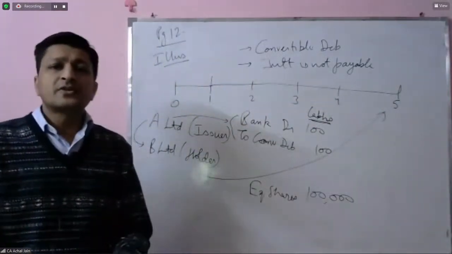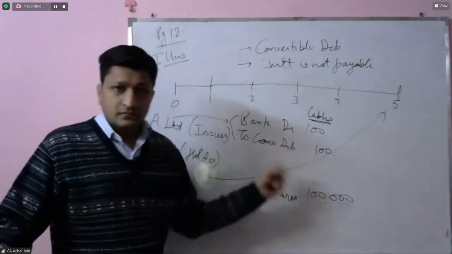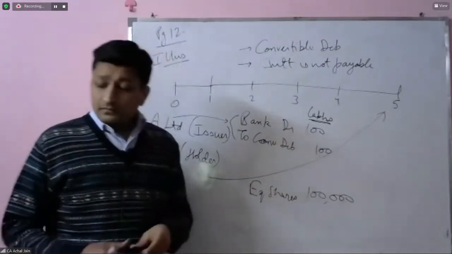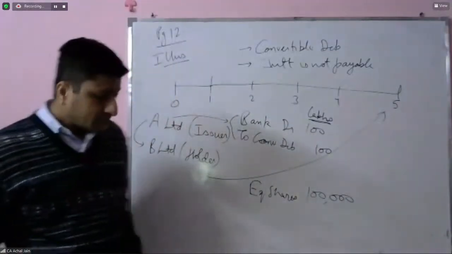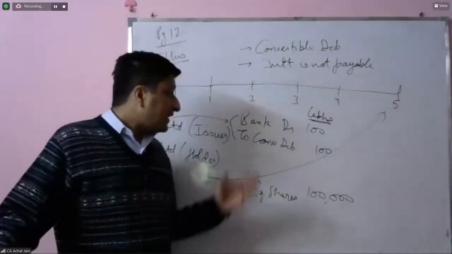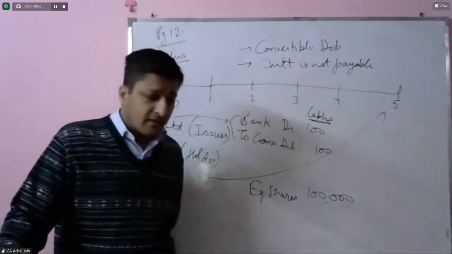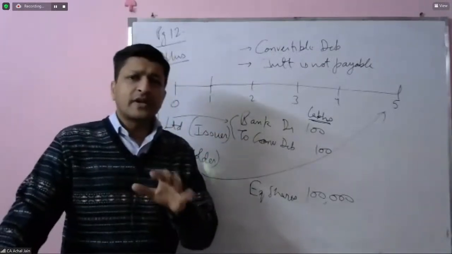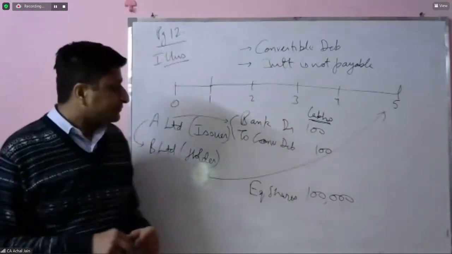And what's the price per share? 100 rupees per share. Let's not get into the commercial sense of it, because you may think, sir, they have received 100 lakhs today and they are also paying 100 lakhs after the end of the fifth year. For the purposes of our discussion only, I am saying 100 lakhs will be the settlement amount.